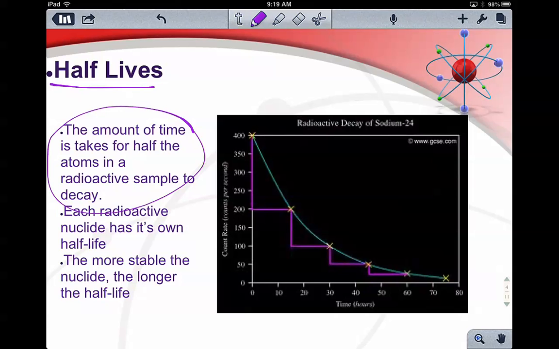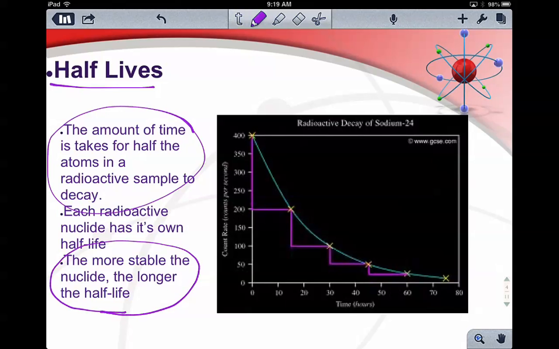And each radioactive nuclide actually has its own half-life that you can use to identify the nucleus if you needed to. And just as a rule of thumb, the more stable the radioactive nuclide, the longer the half-life is going to be.